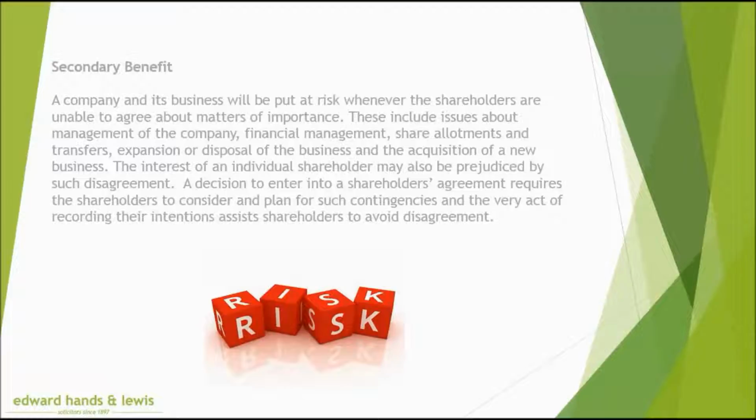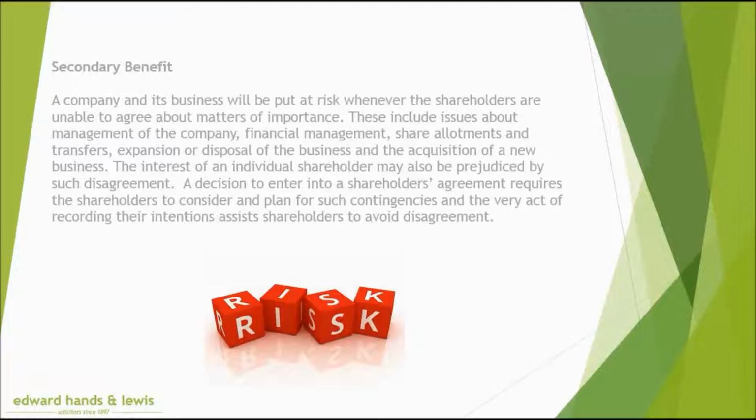A company and its business will be at risk whenever the shareholders are unable to agree about matters of importance. These include issues about management of the company, financial management, share allotments and transfers, expansion or disposal of the business, and the acquisition of a new business.